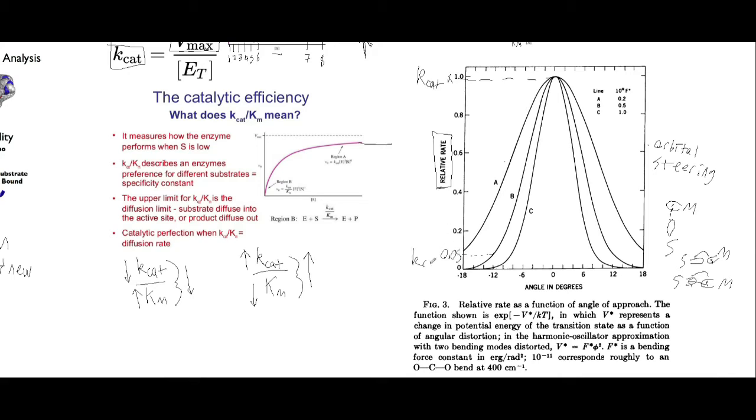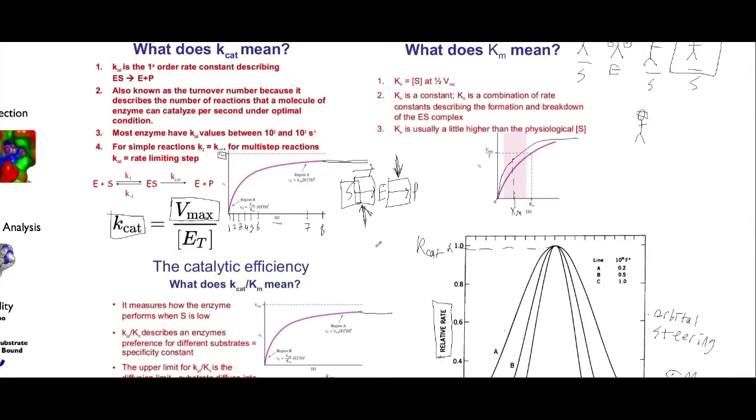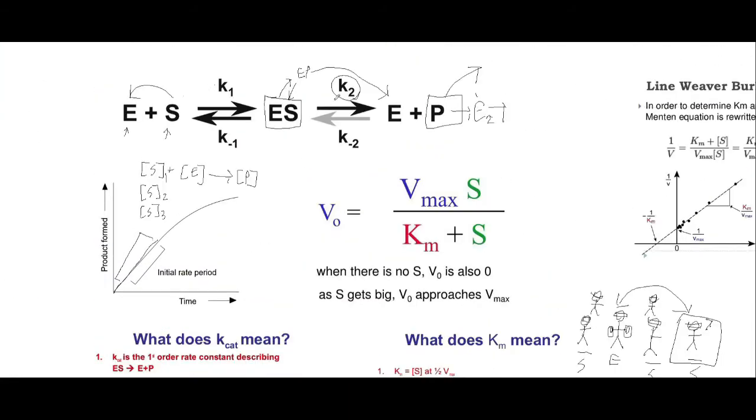And so that's going to reduce our kcat considerably just because we have this small change in the angle of our orbitals. And so orbital steering inside the active site is a huge part of what determines this right here, the kcat.